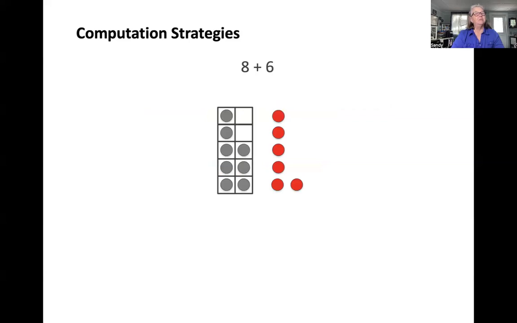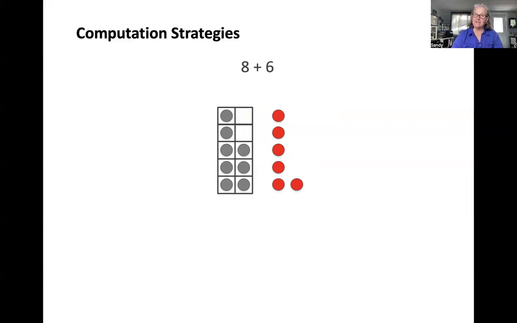Now, I mentioned the bridge to 10, and I just want to quickly show you that image. Here's that 8 and 6. See, what can I do? I can slide 2 over and fill that 10 frame. So 8 and 6, usually that's difficult for children to know. Same as 10 and 4, easy.